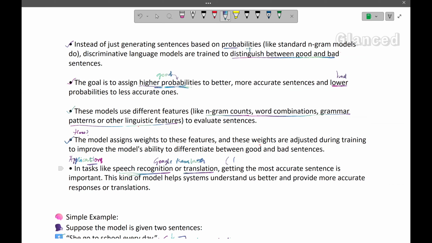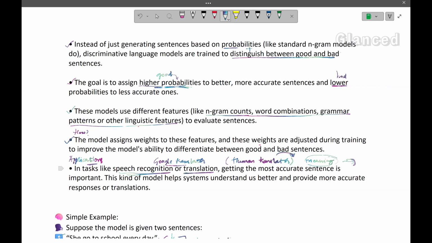Let's say you have a human translator. If that translator makes any mistakes in translating the sentence, you will understand a different meaning, which is wrong. Based on this meaning, you may end up taking wrong decisions.